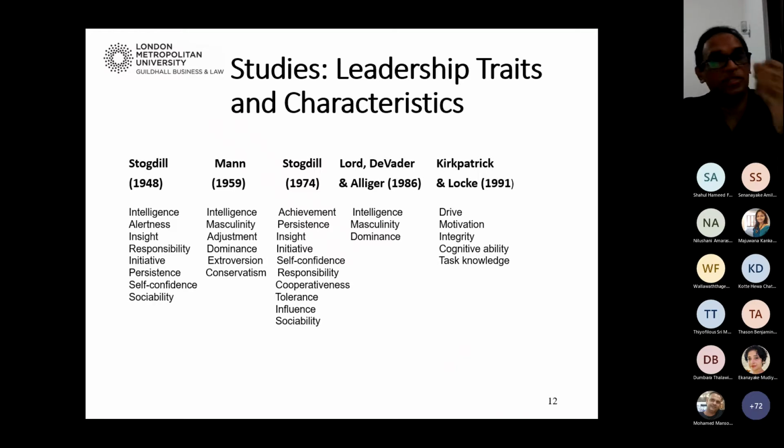History shows that many trait theory researches have been done. In 1948 there was a researcher called Stogdill.